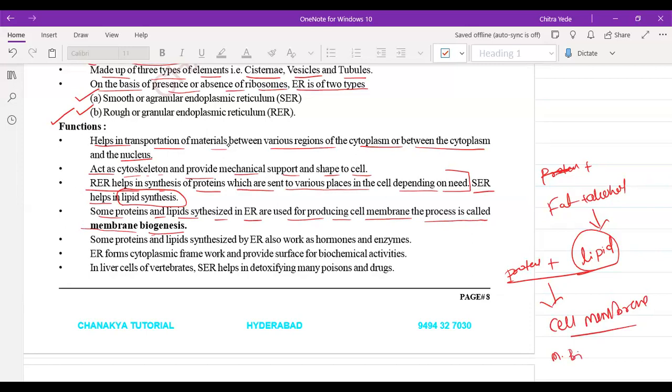The protein responsible for formation of cell membrane is called glycoprotein, and the lipid which helps in formation of cell membrane is called glycolipid.